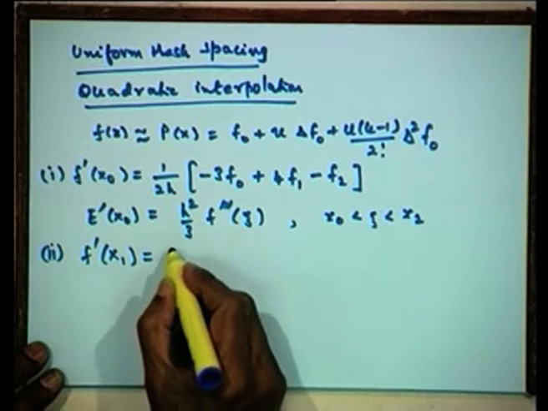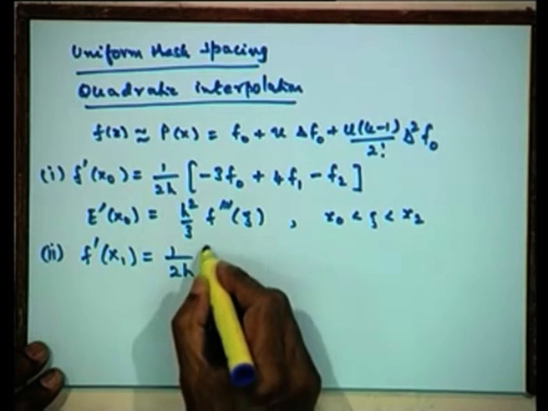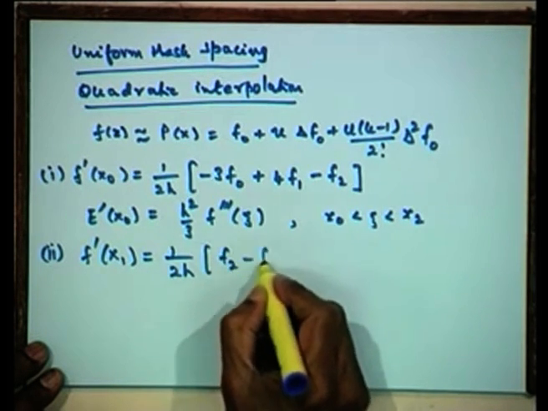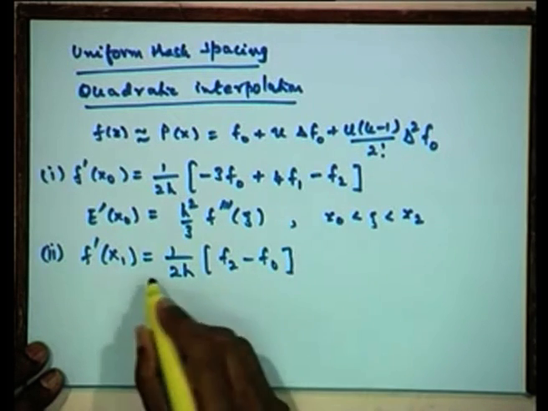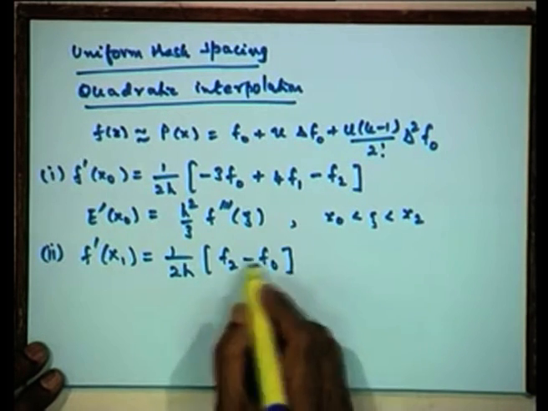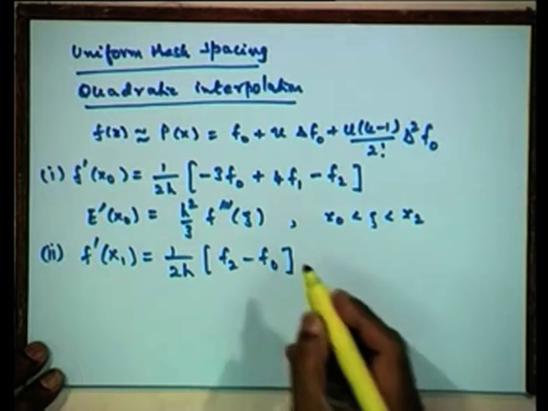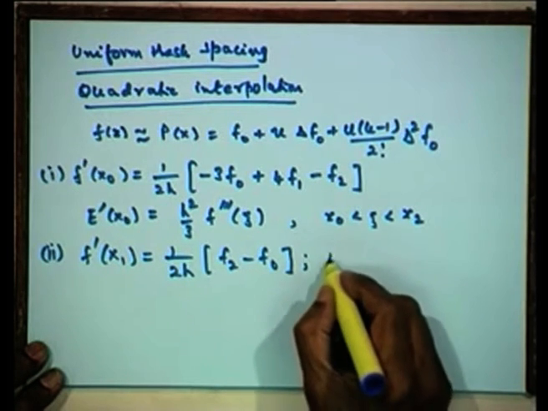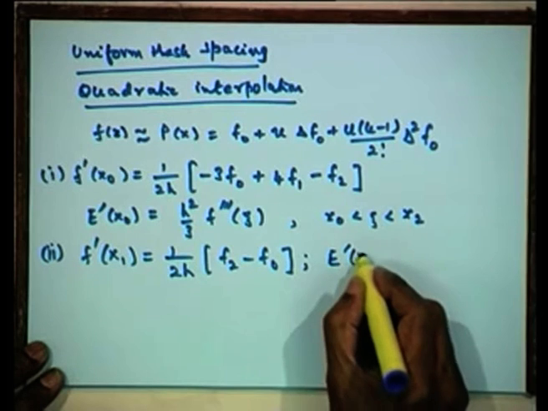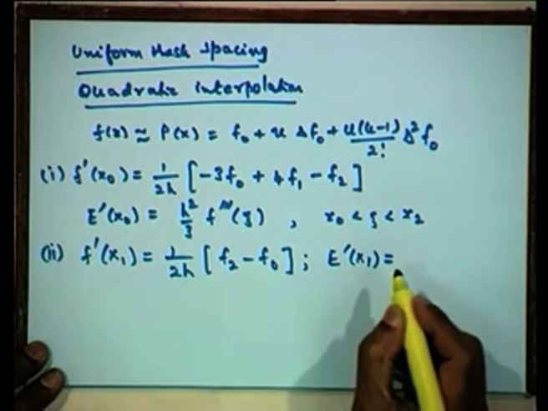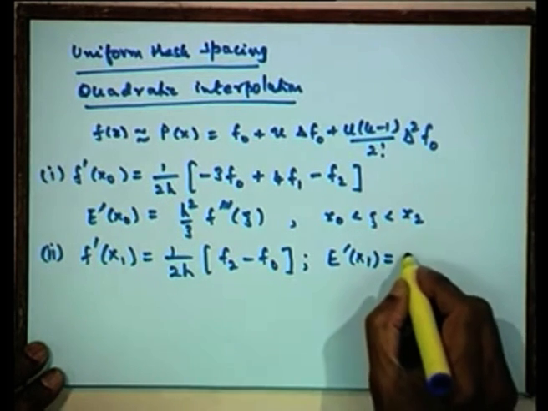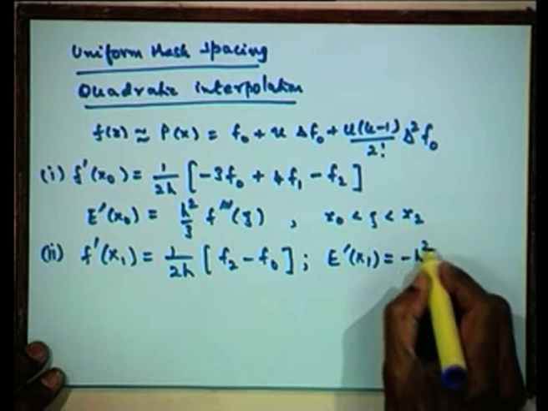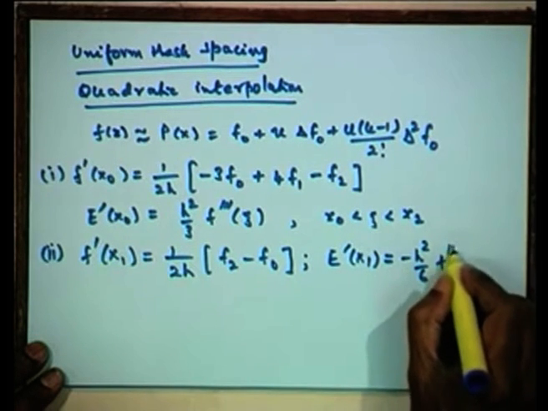Now, I can similarly find the formula for the first derivative at the middle point, that is x1, and this we derived as 1 upon 2h times f2 minus f0. It is symmetrically placed between x0 and x2, and the error in this case was h square by 6 f triple dash of xi.